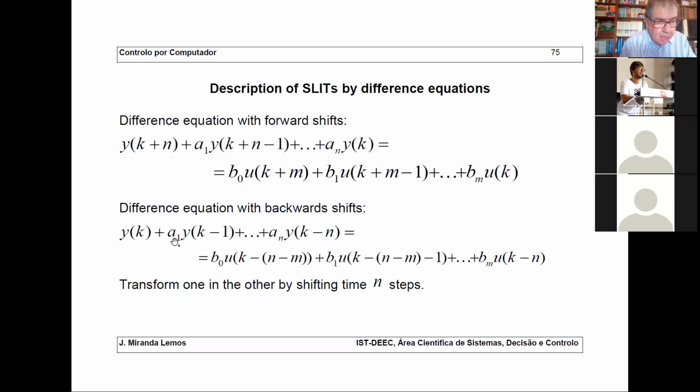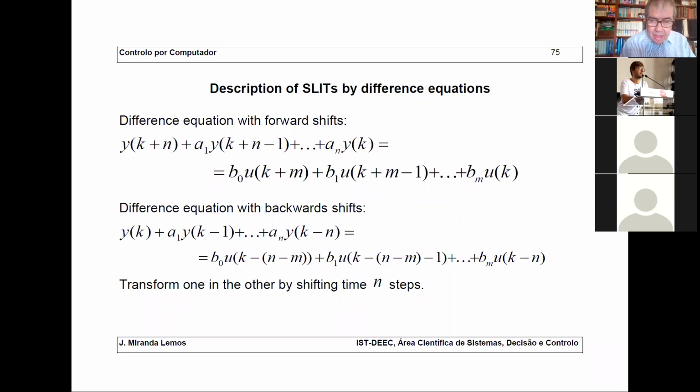Because y of k is not affected by all the u's between u of k and u of k minus (n minus m minus 1). So the first one that affects y of k is u of k minus (n minus m). So the difference of these degrees, because this is a kind of degree, the largest shifts in u and y, gives you the delay.